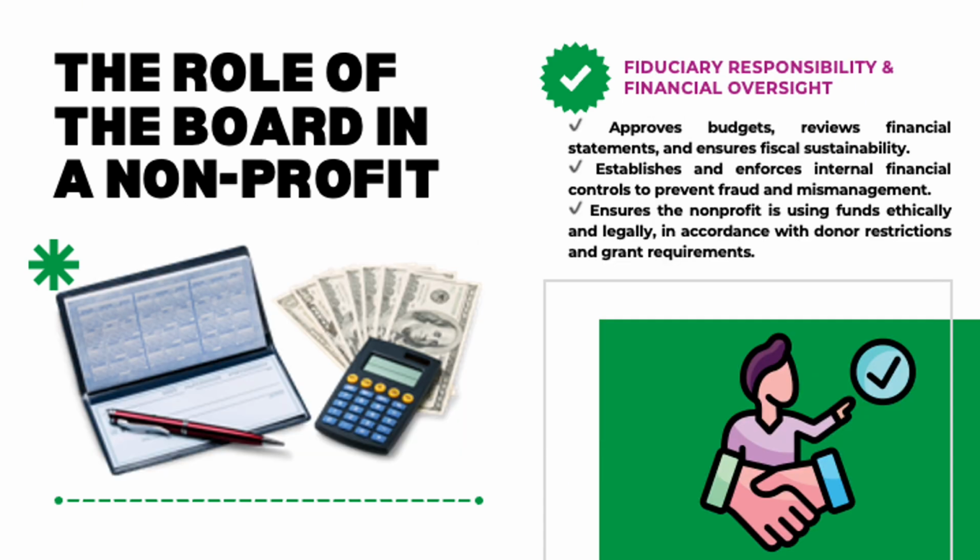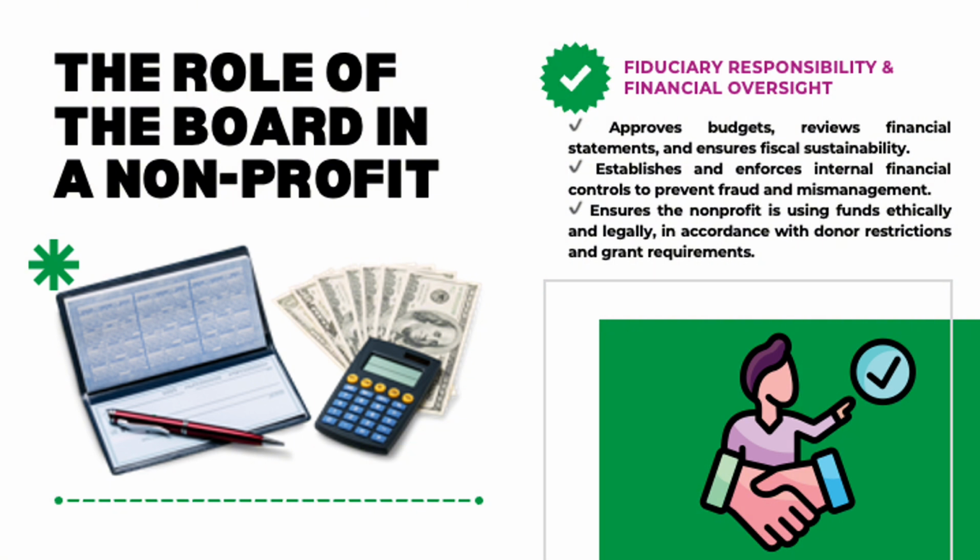When it comes to fiduciary responsibility and financial oversight, you're going to be responsible for approving budgets, reviewing financial statements, and ensuring fiscal sustainability. I encourage you, if you were not at the Finance 101 session, to go ahead and spend some time after this session reviewing the details of that session.